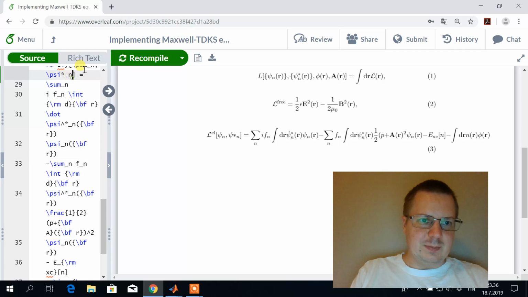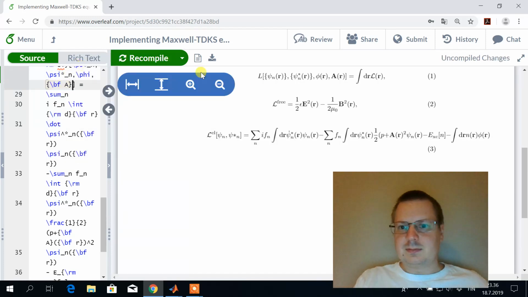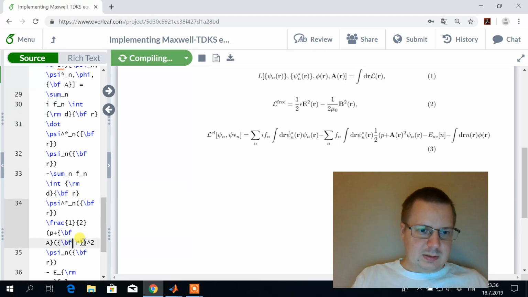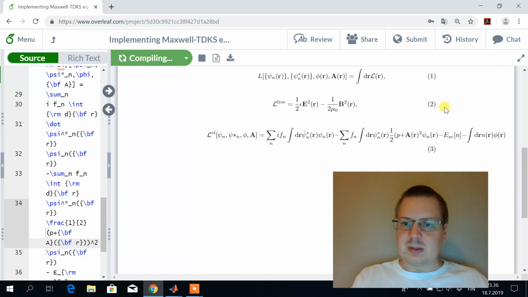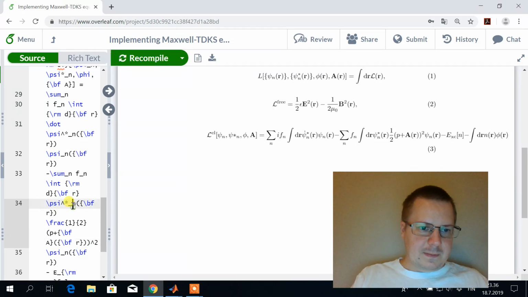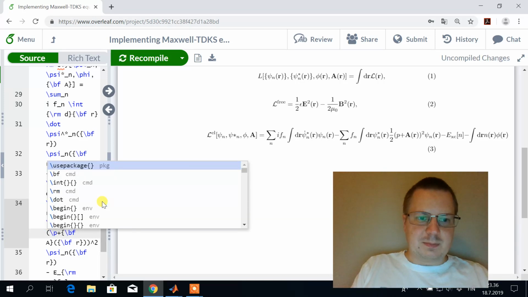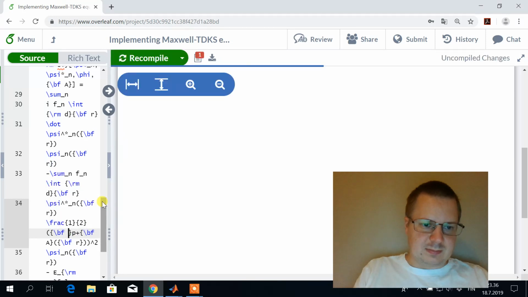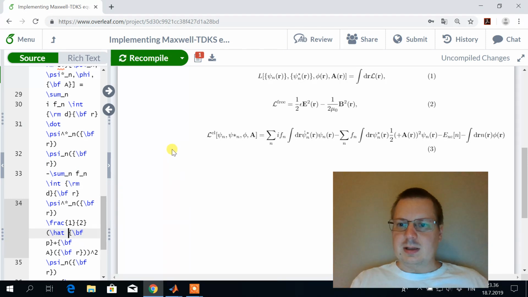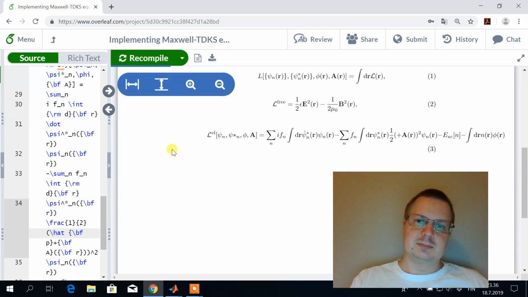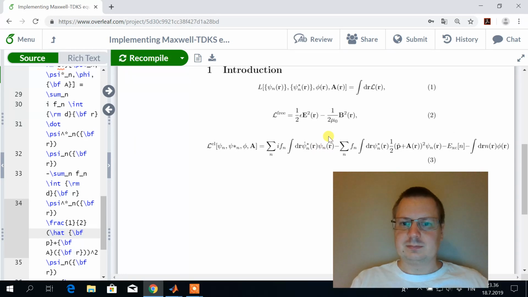And the whole thing depends now on phi and A as well. And this is the momentum operator, so minus i nabla essentially. And okay, I think it starts to look sort of good.